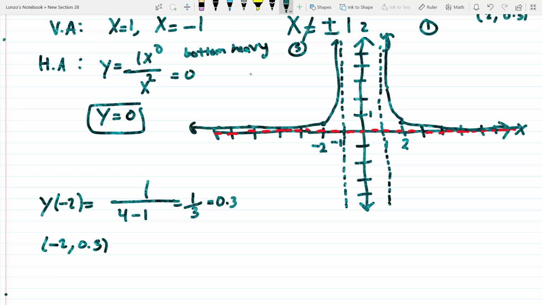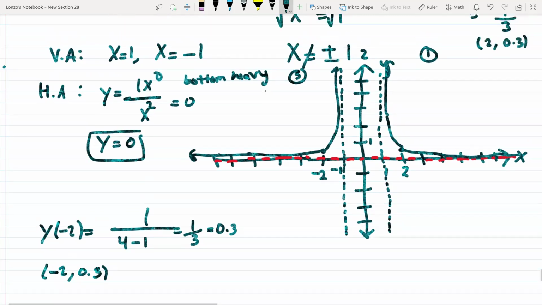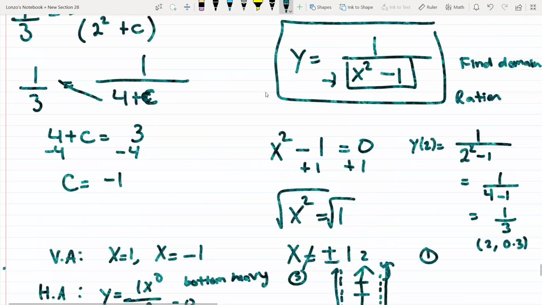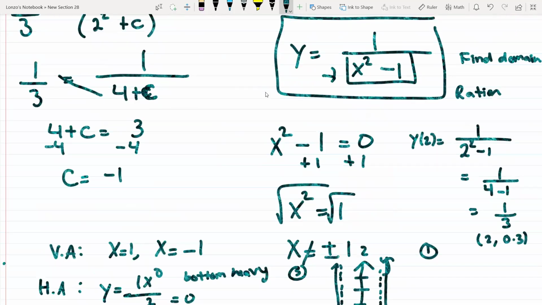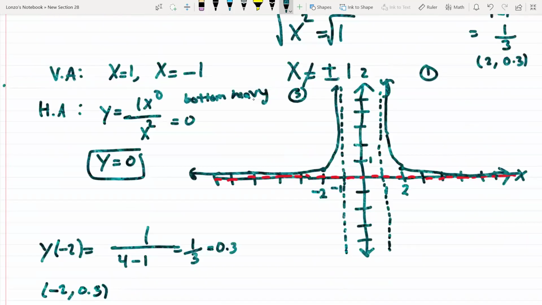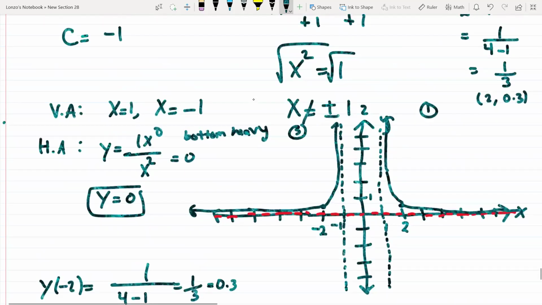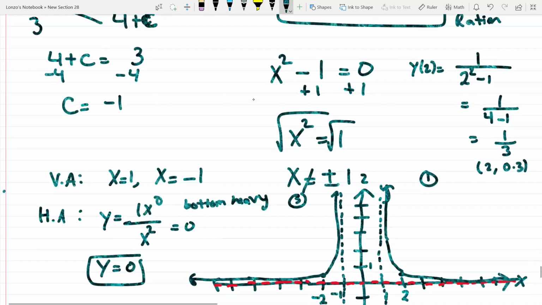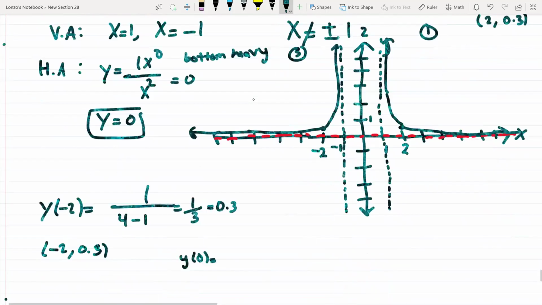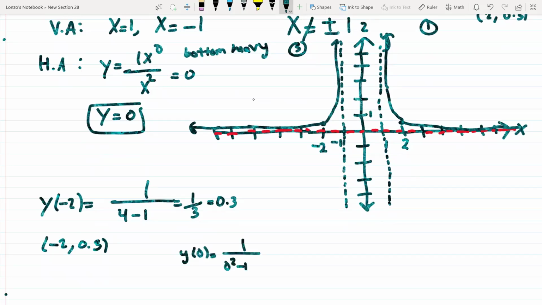Then what we're going to do is the middle part. We can't use 1, we can't use -1, but I definitely can use 0. Let's do that. 0 squared minus 1 is -1, so 1 over -1 is -1.